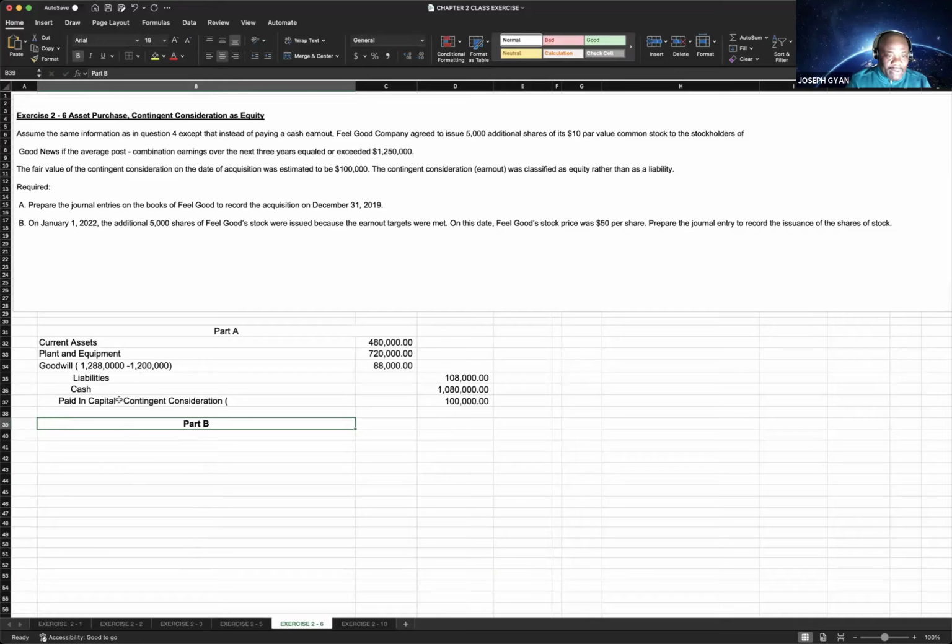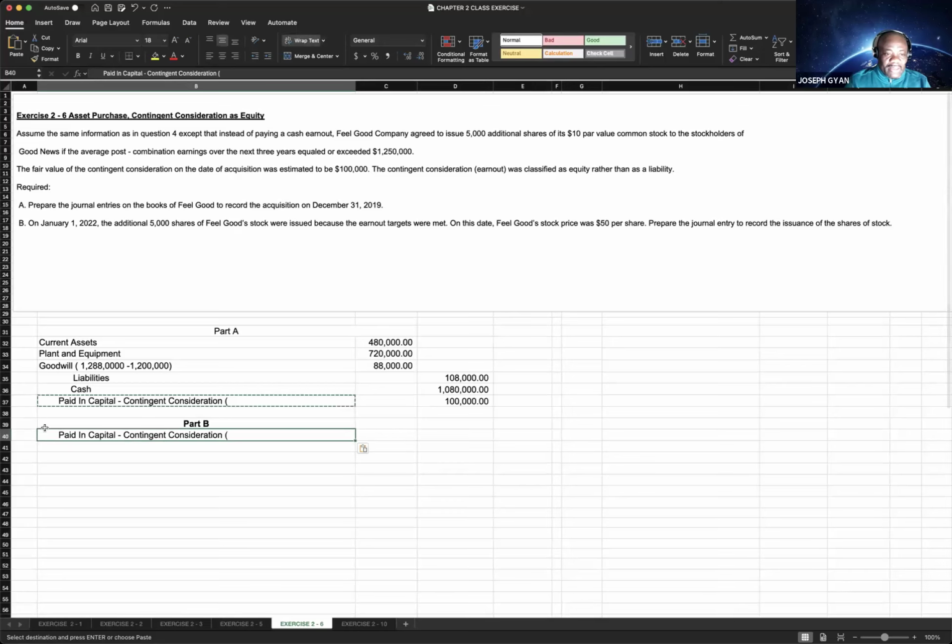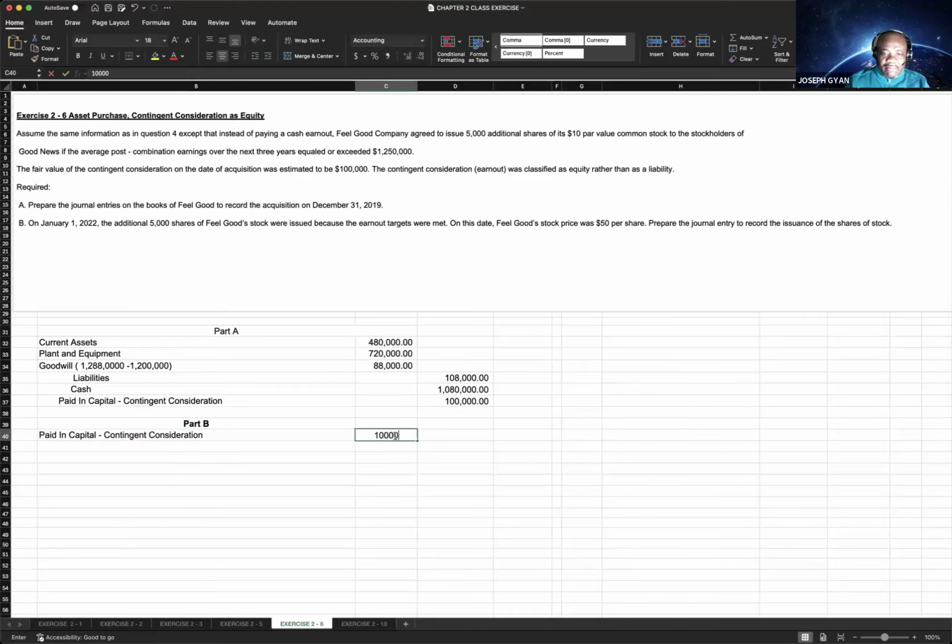So we are going to debit the contingency that we created here, because they were able to meet it. We are going to give them the stock because they were able to meet the standard. So we are going to debit the 100,000 here.